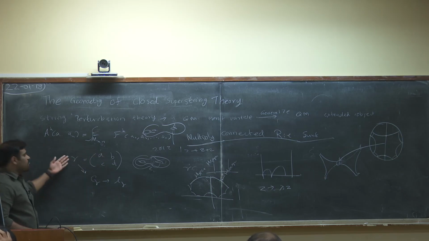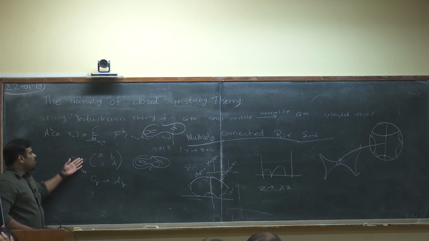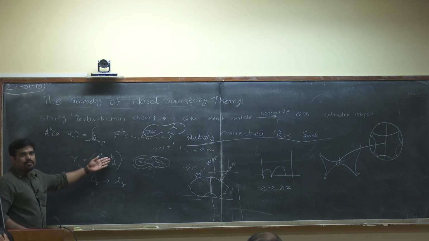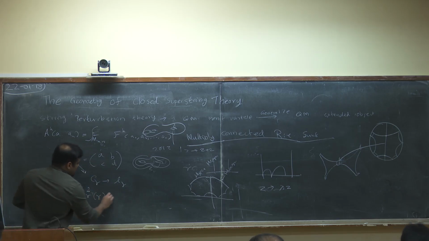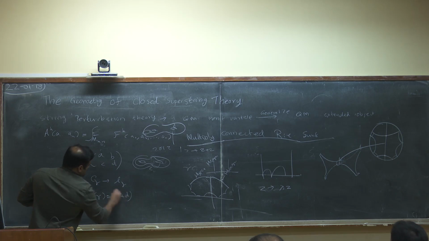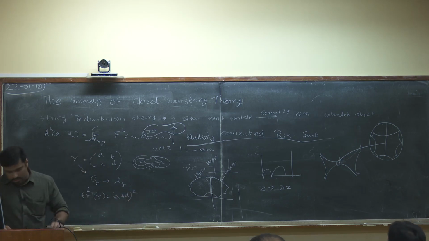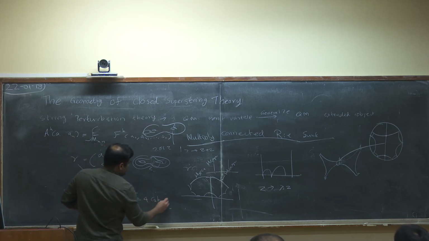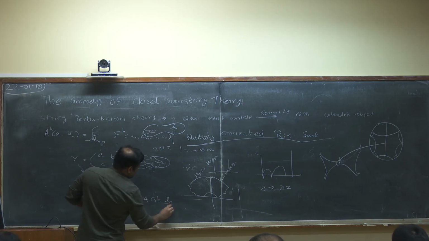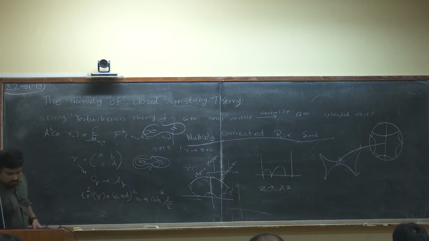Let's say I have a Fuchsian element gamma, which is a 2 by 2 matrix (A, B, C, D). I take the square of the trace of gamma, which is (A plus D) squared, and that corresponds to 4 cosh squared of (L_gamma over 2). So this is the relation.